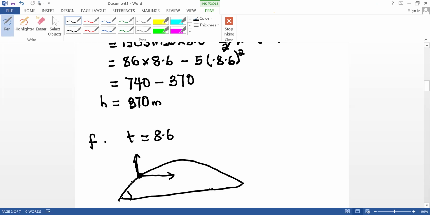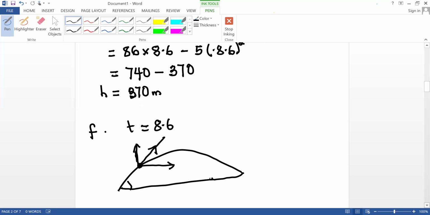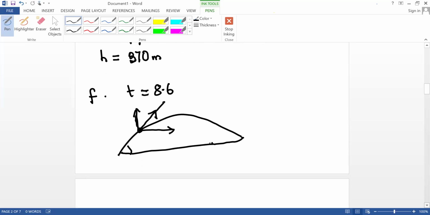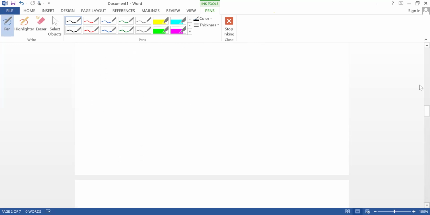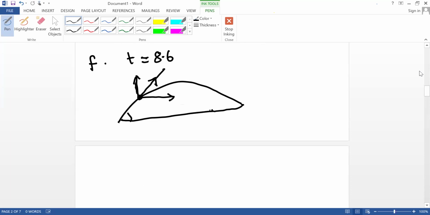And so, because there are two velocities acting on the body, the resultant must give us the velocity at 6 seconds. Meanwhile, some of you only calculated the vertical velocity at 6 seconds and that was it, which is totally wrong.